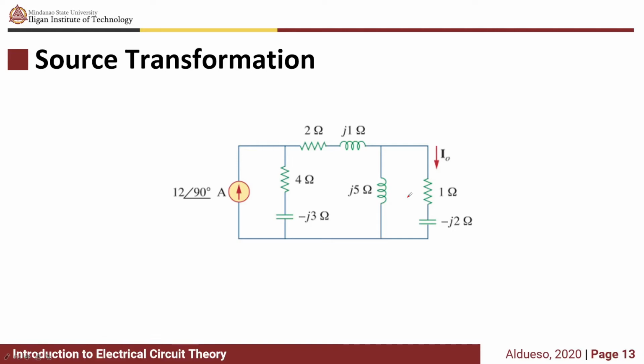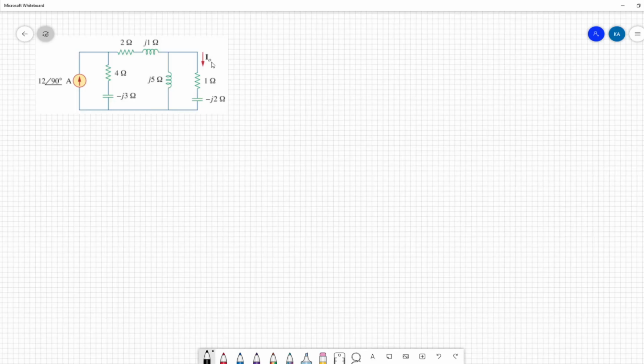So for the next example, we'll use source transformation to solve the current IO. Using source transformation to simplify the circuit, we have this current source in parallel with this impedance.